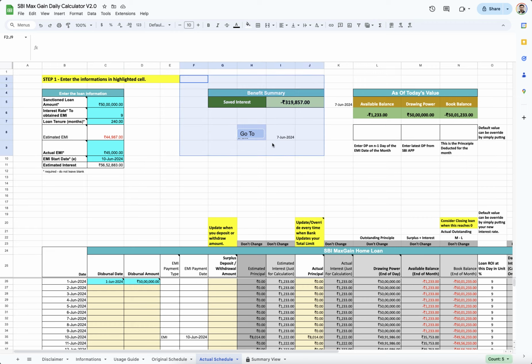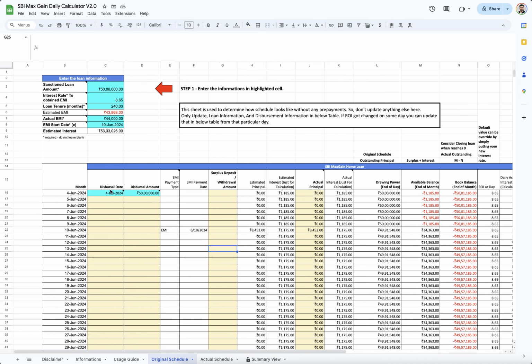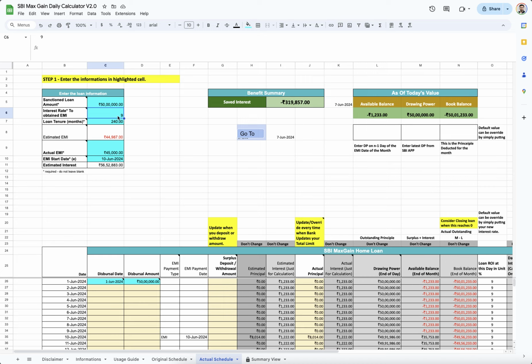Next part is I just put some summary, benefit summary. How does it look? So let us copy the value 8.65 from here and we consider 44,000 as the year.